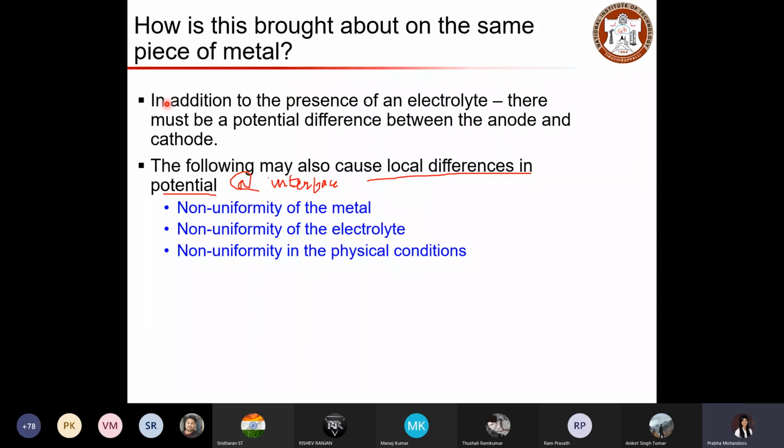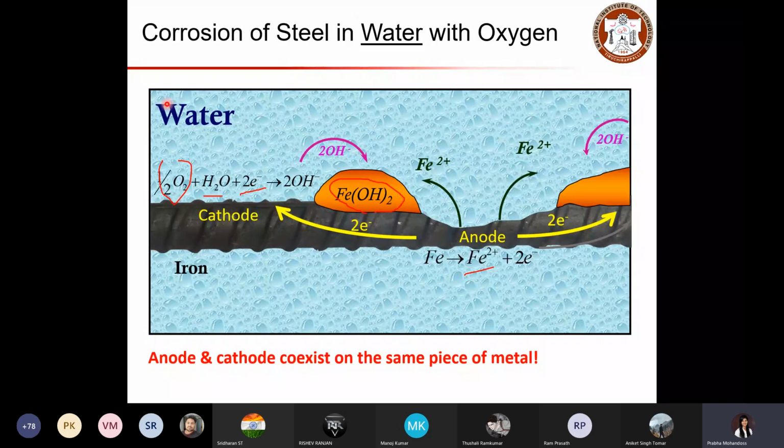I mentioned that the anode is corroding because the energy state in that particular portion is high, so it tries to lower its energy state by reacting. Because of that potential difference in the same material, one tends to react more than the other, and the region which reacts more is corroding.